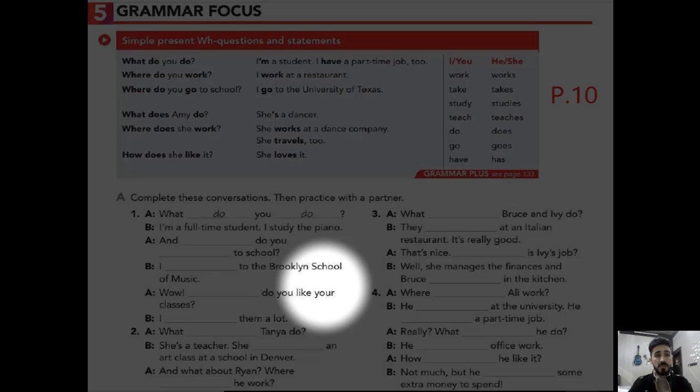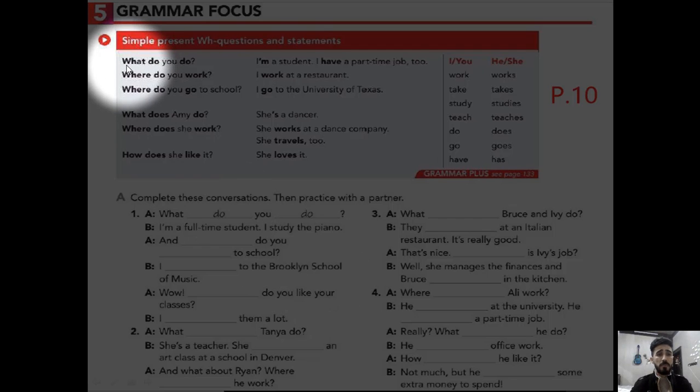Interchange 1 has some grammar sections. In Unit 2, on page 10, we have simple present WH questions and statements. Now look at the first example. What do you do? It is asking about your job, your occupation, your work.